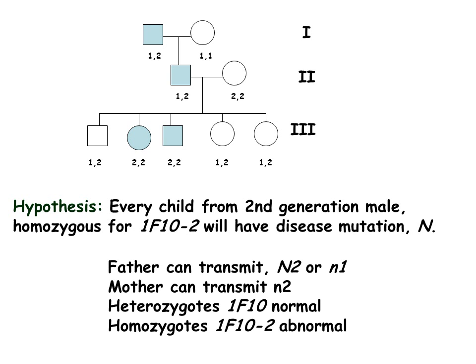Okay? Father can transmit N1, N2, or the N1, and mother can transmit N2 because that's all she's got. So heterozygotes will be normal for the 1F10. Homozygotes with the 1F10-2 will be abnormal, and this is what you're seeing.